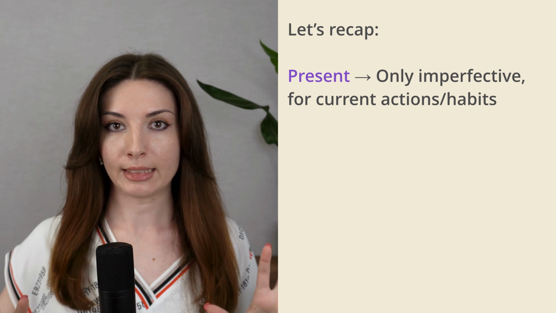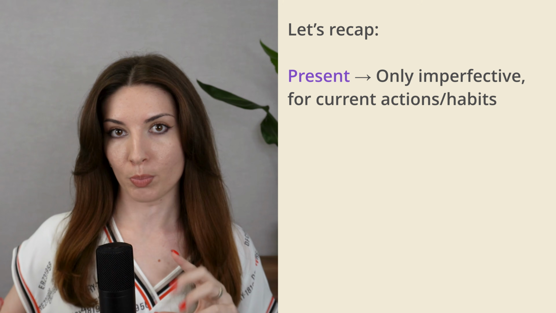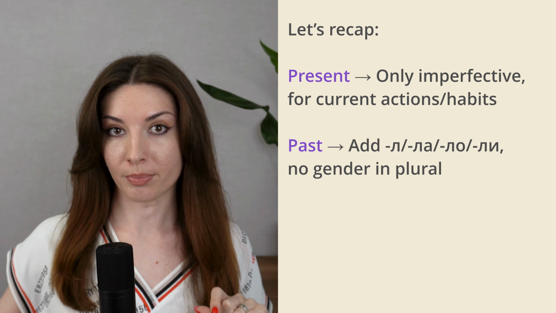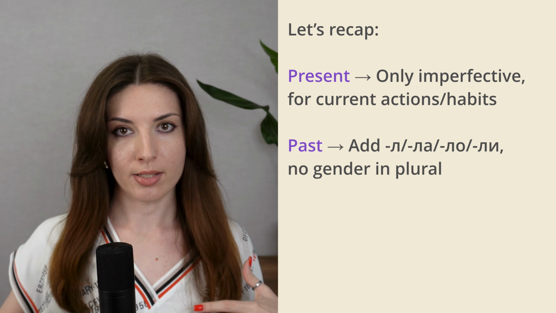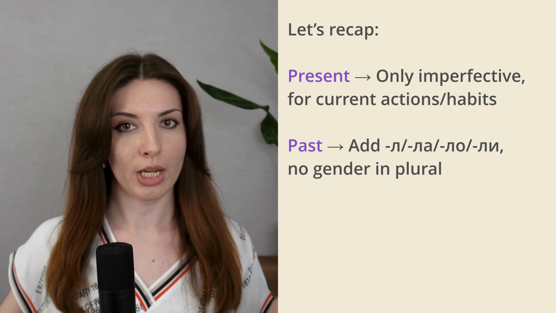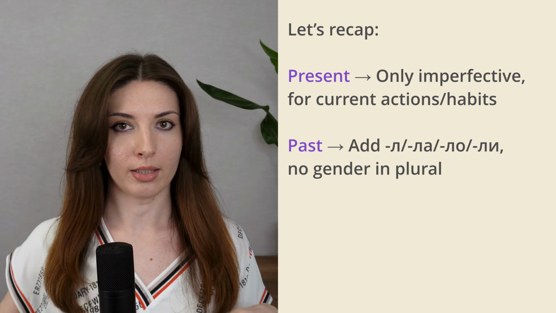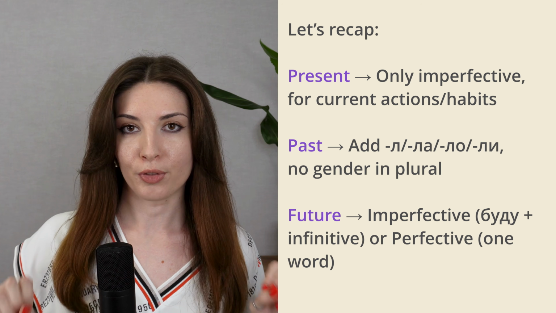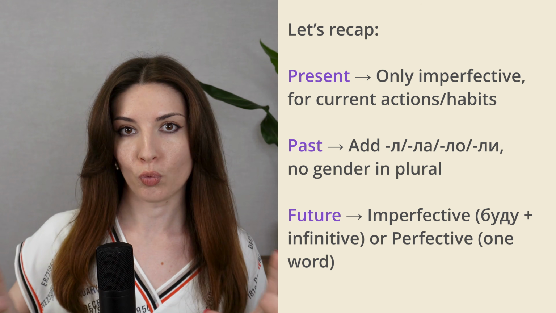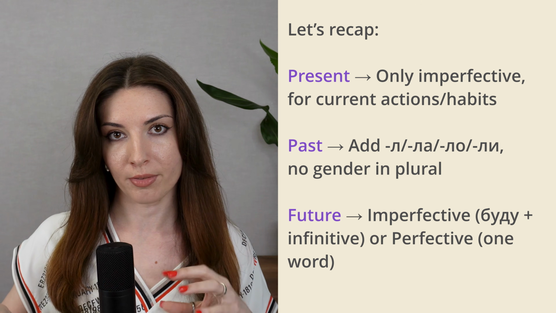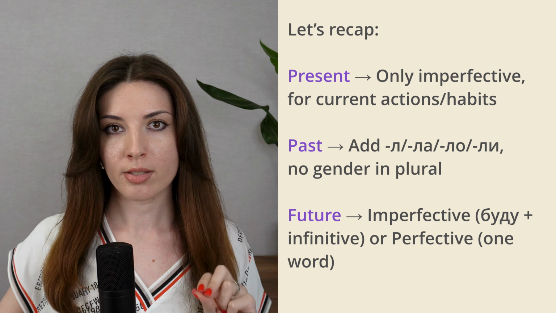Let's do a quick recap. Present tense doesn't exist for perfective verbs. Only imperfective. Past tense is different from all the tenses. It depends on your genders. It doesn't look nothing like present or future. And future tense is very different for imperfective and perfective. Imperfective, 2 words.